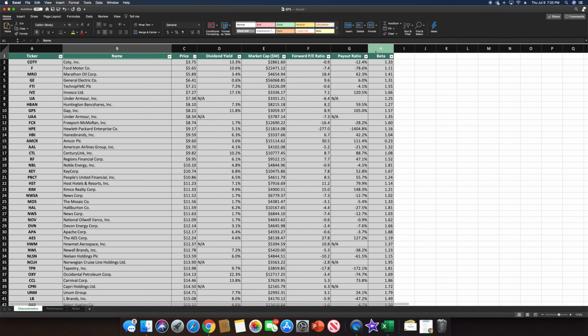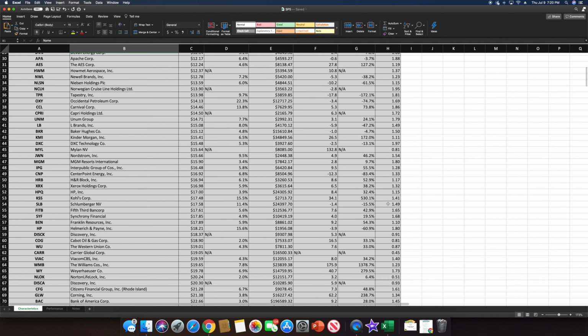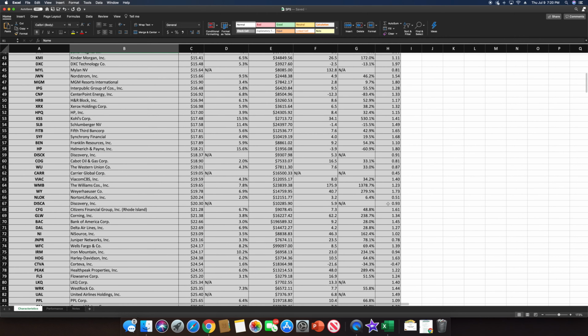Lastly, let me just talk about this column that says beta. So beta describes the volatility and therefore correlates with the risk that a company has as you're investing. The average beta would be 1.0, and this is relative to the index that you're following. In this case, it's the S&P 500.